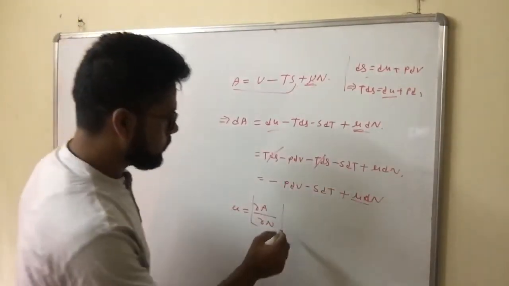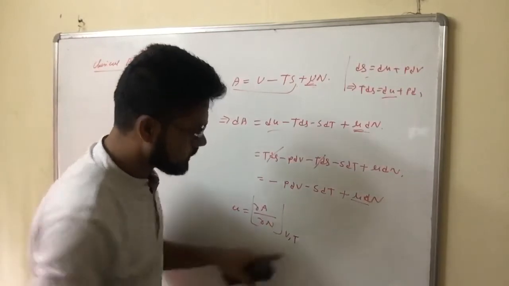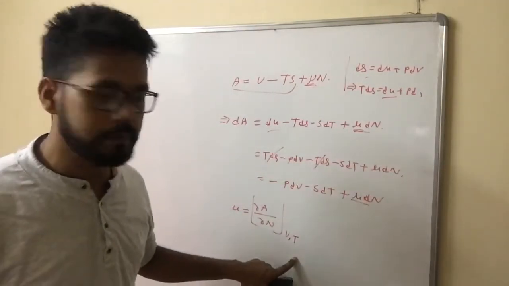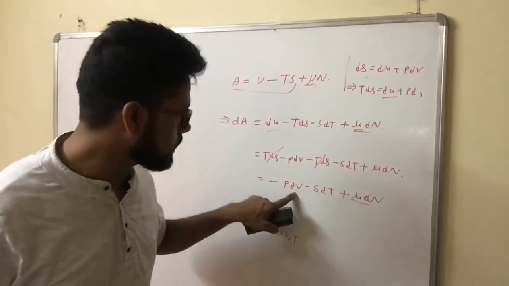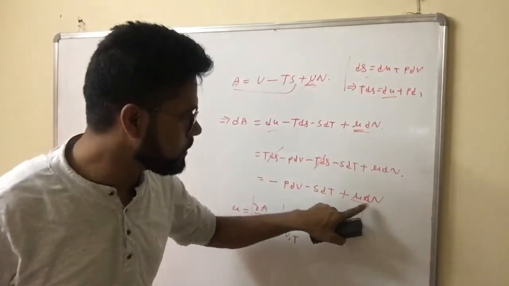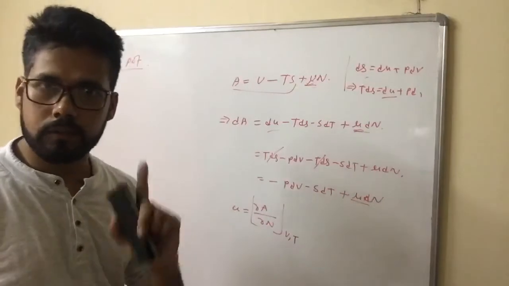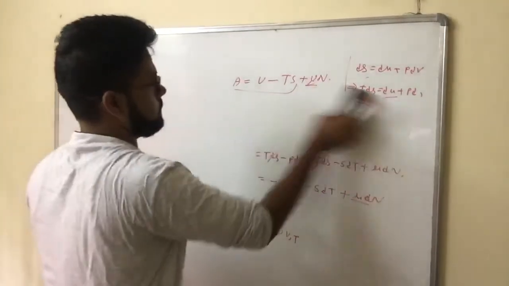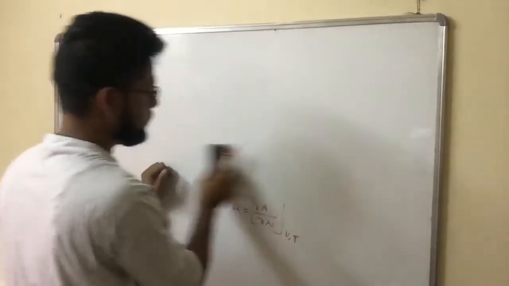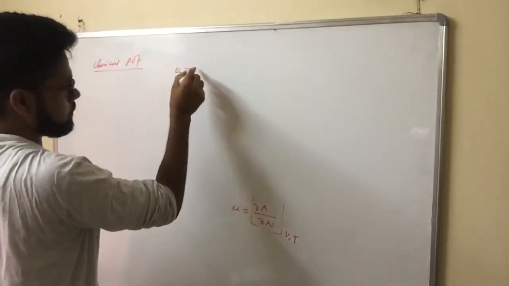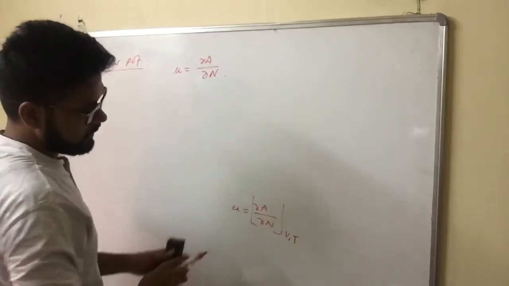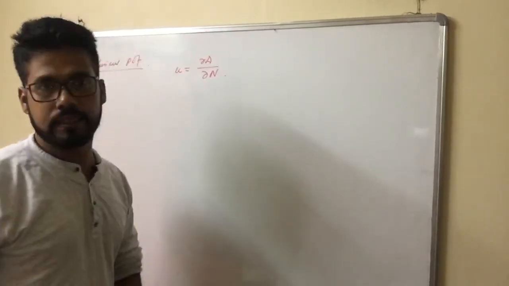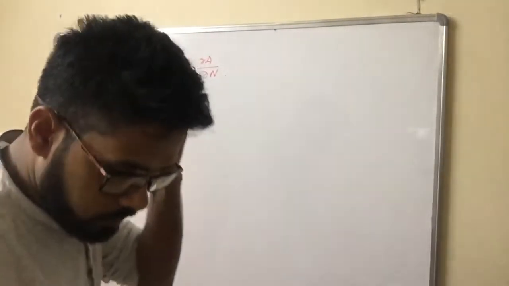That is why we write the V, T suffix, meaning these parameters are constant. If V and T are constant, dV is 0, dT is 0, dA equal to mu dN and mu equal to dA by dN. Okay, this way you have to remember. So chemical potential means dA by dN. From the free energy you can calculate the chemical potential.